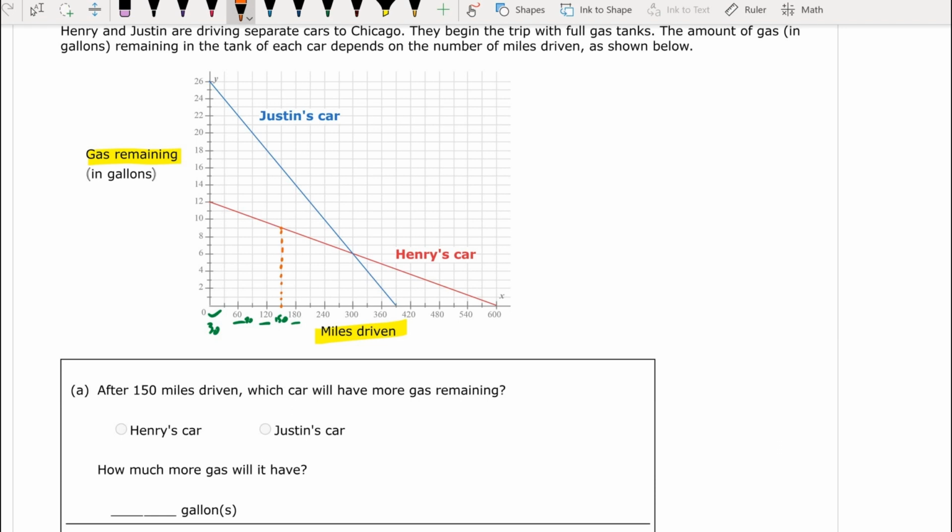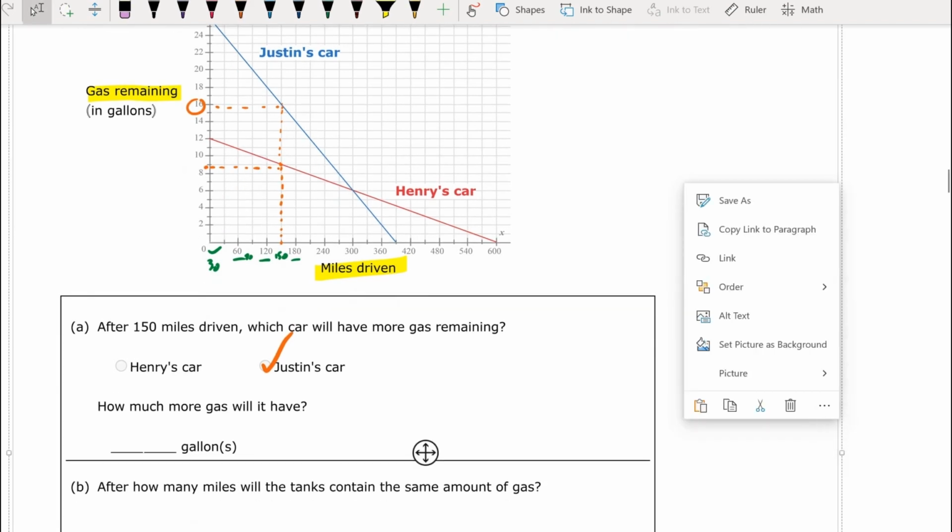For Henry's car, it was around 9 gallons in the tank. And for Justin's car, it's about 16 gallons in the tank. The question is, which car has more gas remaining? There's more gas remaining in Justin's. He has 16 gallons in the tank.